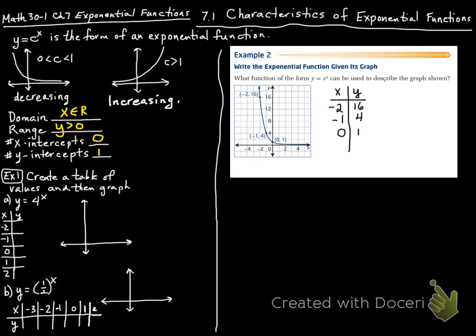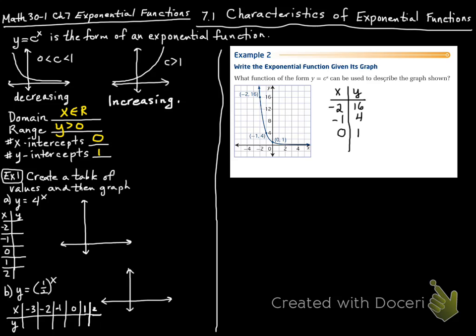Here we have example 2, to write the exponential function given its graph. So when we look at this graph, we see points at (-2, 16), (-1, 4), and (0, 1). Notice that the x values go up by ones, but the y values go from 16 to 4 to 1. 16 divided by 4 is 4, or times by a quarter.